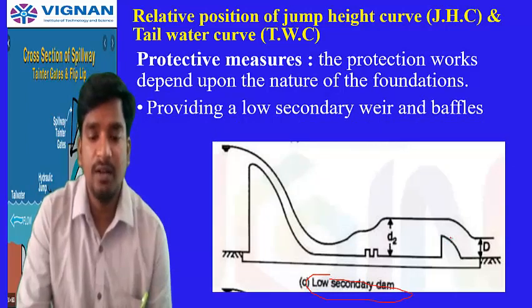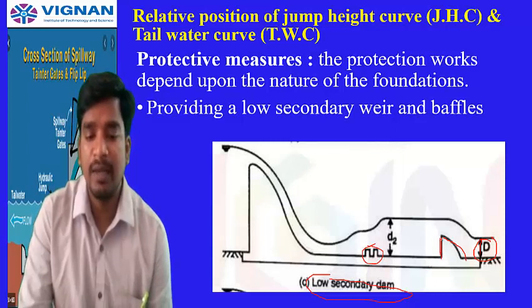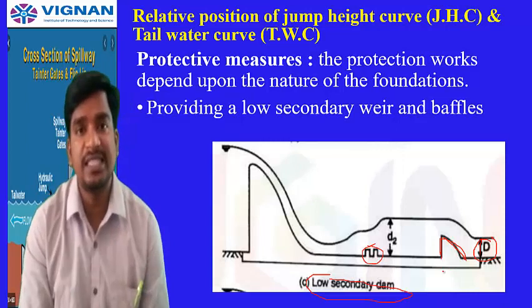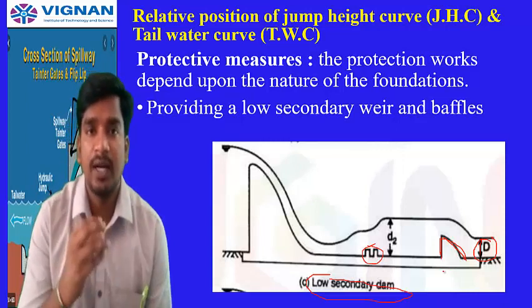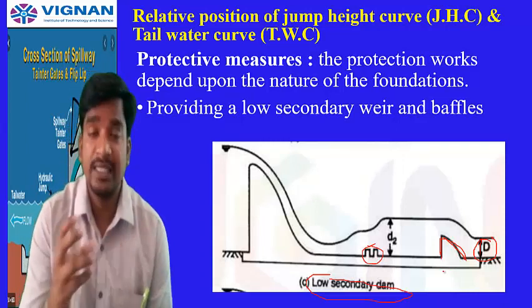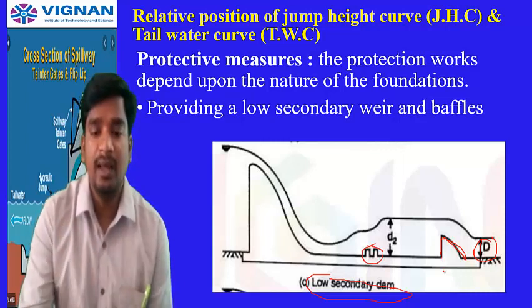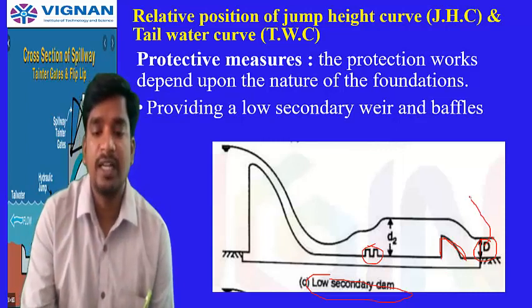Here we can provide a low secondary dam so that we can meet the required depth. Baffles are provided to dissipate the energy, and also to meet the depth we provide a low secondary dam like this. By means of these three ways, energy dissipation may be made, and we can achieve the required tailwater depth.